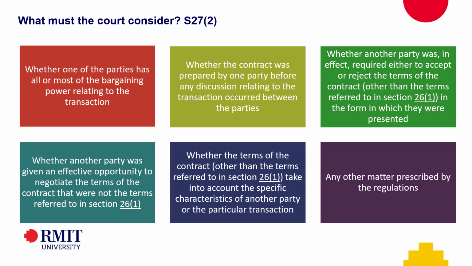I'm going to finish with this slide, which just summarises the types of things that the court needs to consider, but they are all examples. There hasn't been a huge amount of litigation on these provisions yet, largely because it's quite plain language, I think.